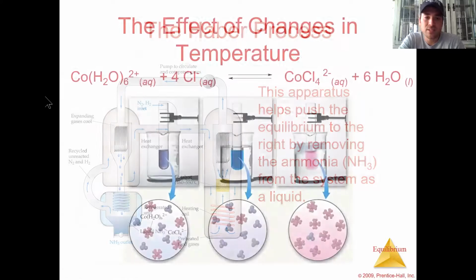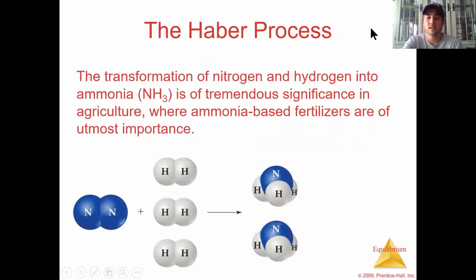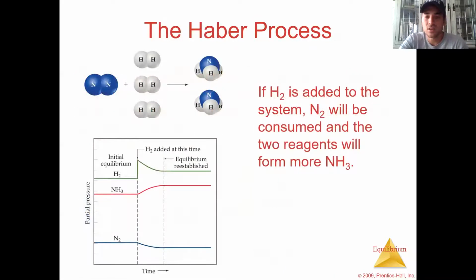Oh, let's go back for a second. So here, the Haber process, we're looking at using N2 and H2 to make NH3. It's important in fertilizers. And so if H2 is added to the system, N2 will be consumed and the two reagents will form more NH3.